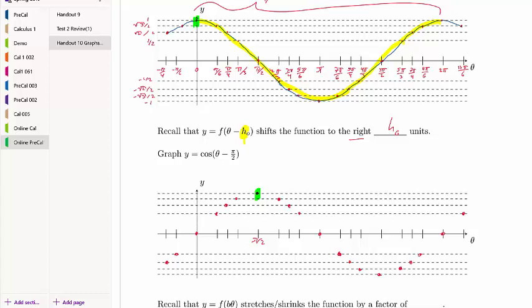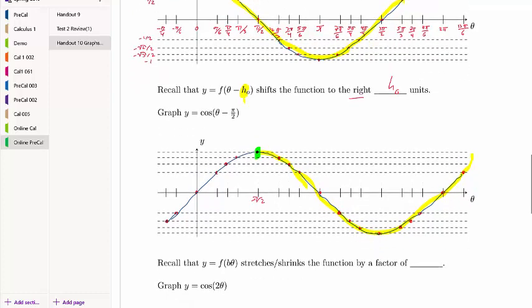So now we just go ahead and connect these dots. And so we have this right there. And so we'll go ahead and highlight the same portion that we did before. Note how this all got shifted to the right, pi over 2 units, just as we were anticipating. All right, so let's go on to the next one.